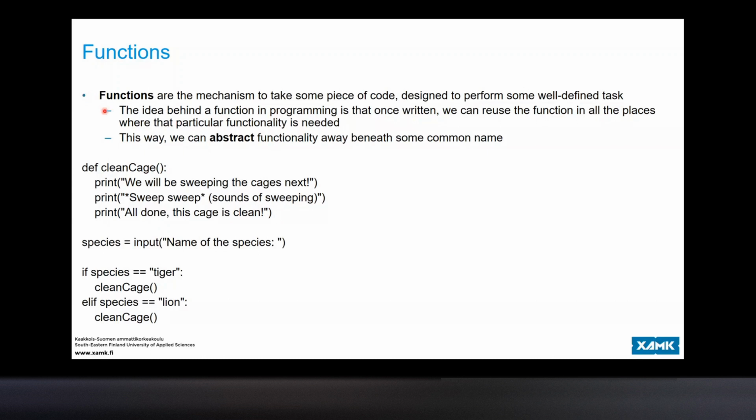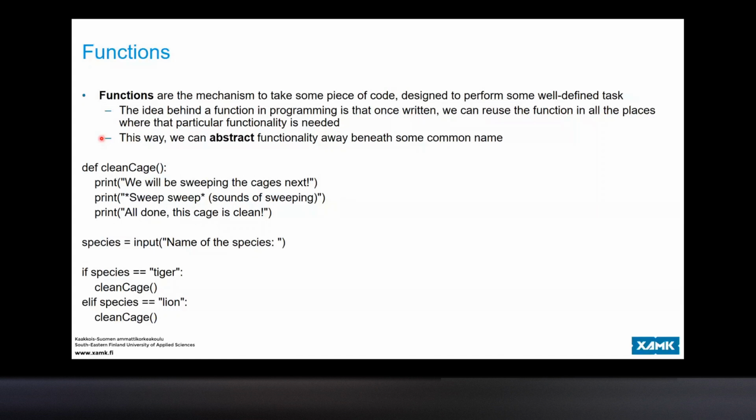And the idea is that once we have written a function once, we can reuse it to do the same thing in all the places where that functionality is needed. This is a way in programming terms to abstract some functionality away beneath some common name.